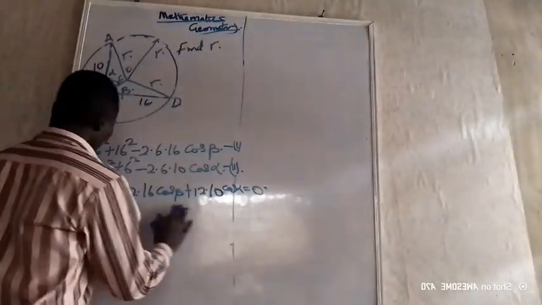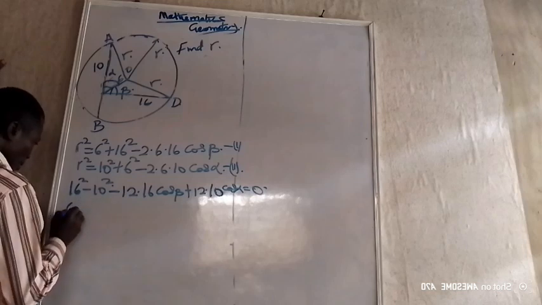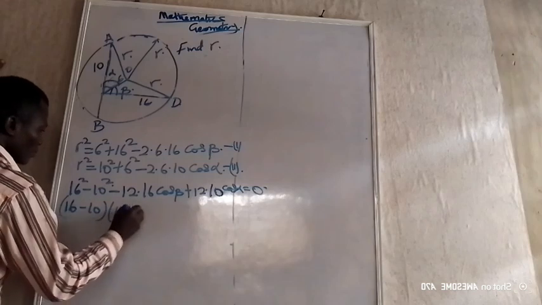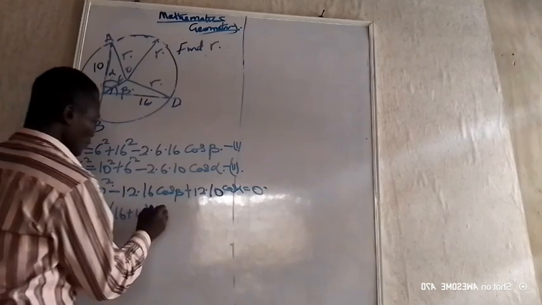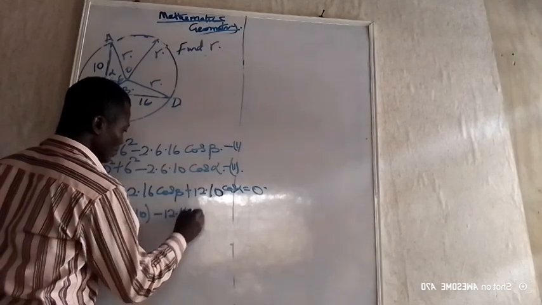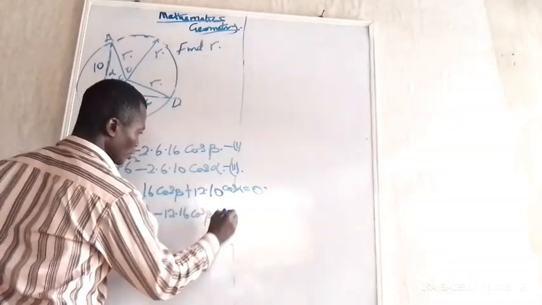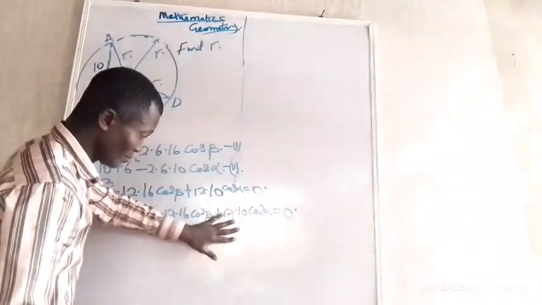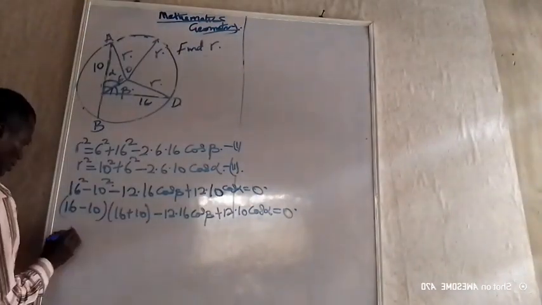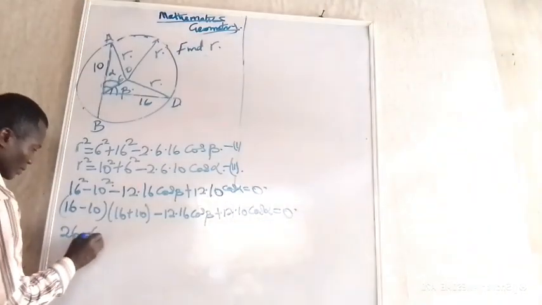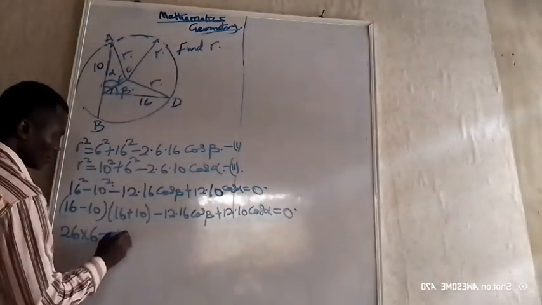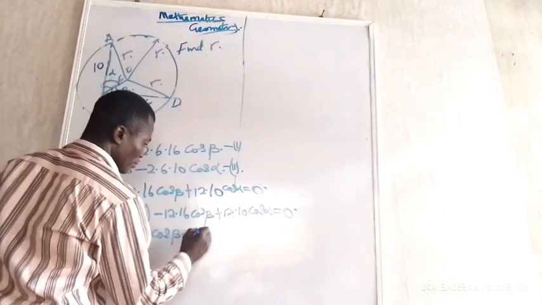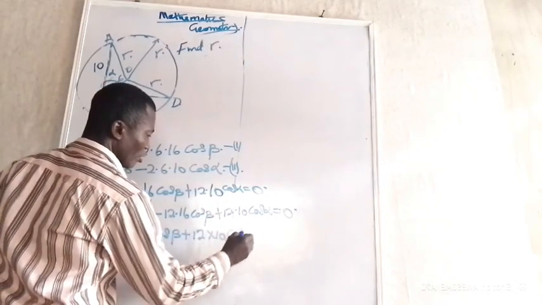So, let me do this further. It's going to be 16 minus 10 times 16 plus 10 for ease. Minus 12 times 16 cos beta plus 12 times 10 cos alpha equals 0. This one is going to be 26 multiplied by 6, minus 12 multiplied by 16 cos beta plus 12 multiplied by 10 cos alpha equals 0.